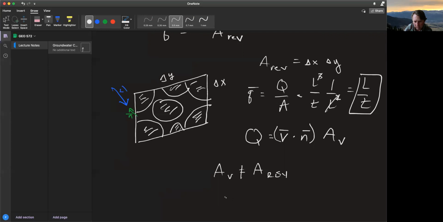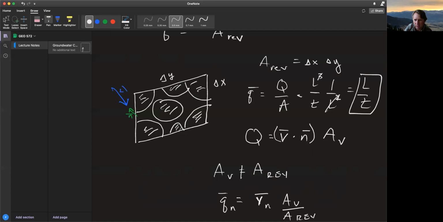and we get little q is equal to v. I'm just going to take care of that dot product by putting this n here. That just means that I'm only interested in the velocity across the plane. So, Vn times A_V over A_REV.